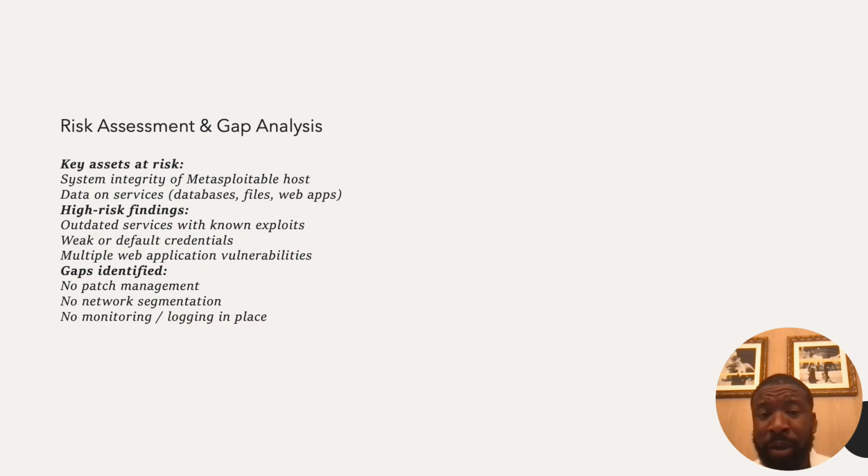Using the Nmap, Nikto, ZAP, and Nessus results, I performed the basic risk assessment. Assets at risk included the integrity of the Metasploitable server itself and any data hosted on its services. Even in a lab environment, this simulates a production application or database server.